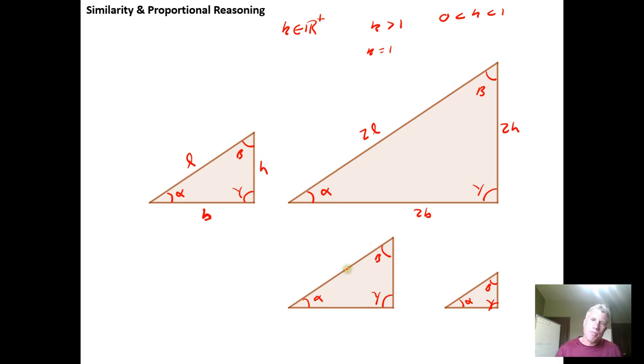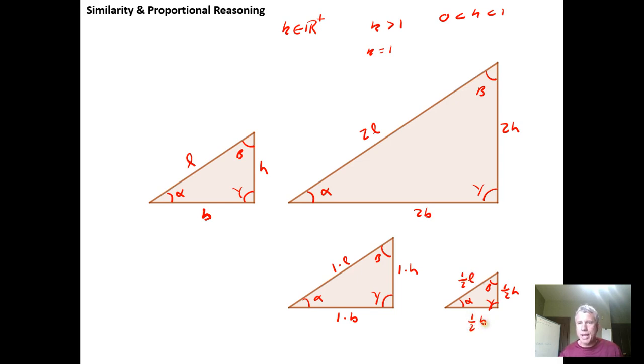So this has to have length 1 times L, 1 times H, 1 times B. And this guy was constructed to be exactly half the size of the original. So his lengths are going to be a height of 1/2 the original height, 1/2 the original length, and 1/2 the original base.